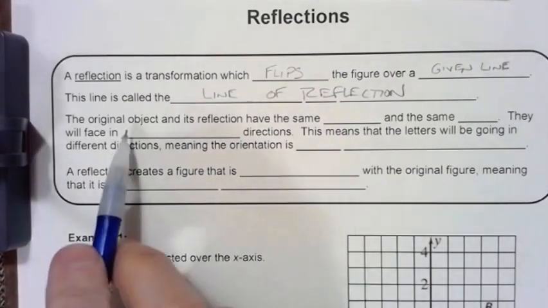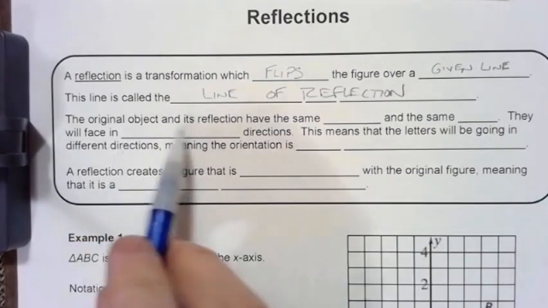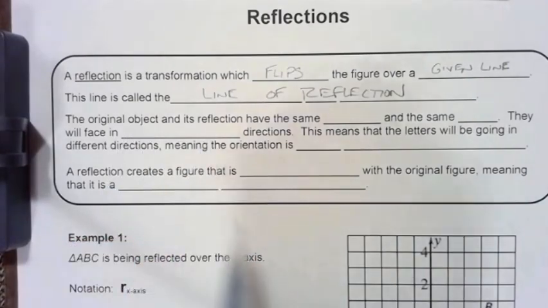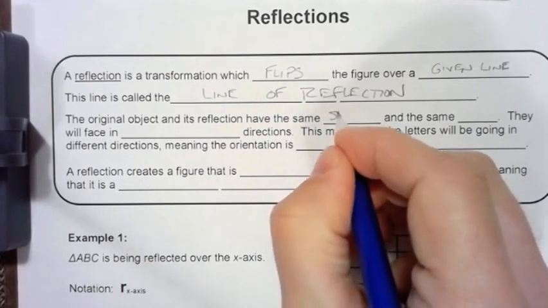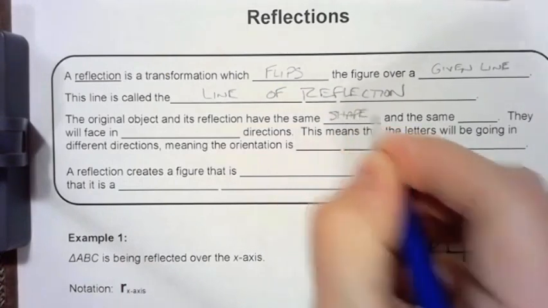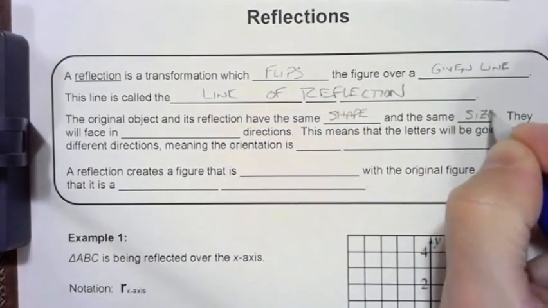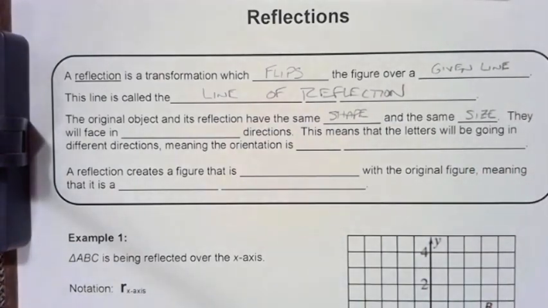The original object, the pre-image, and its reflection, the image, will have the same shape and the same size, meaning that a pre-image and an image of a reflection are going to be congruent to each other. They will face in different directions, however.